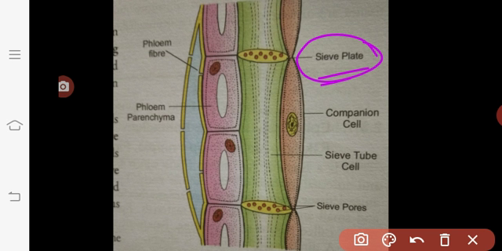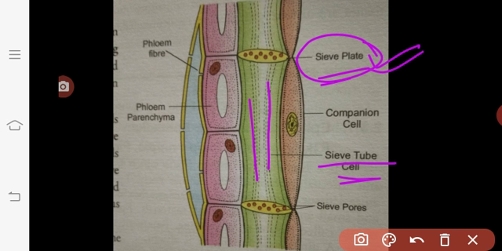A sieve tube is formed of a large number of thin-walled sieve tube cells. These are the sieve tube cells, placed end to end in a linear row. The transverse end walls between adjacent sieve tube cells are perforated, so they are called sieve plates.